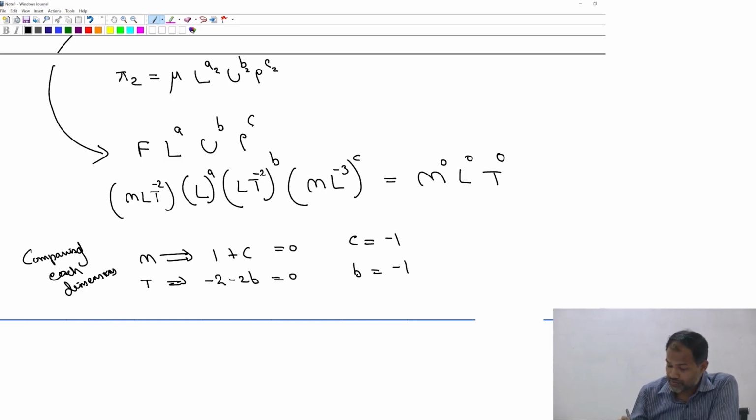That means it has to be minus 2, and therefore B has to be equal to minus 2. Find out A by comparing length.